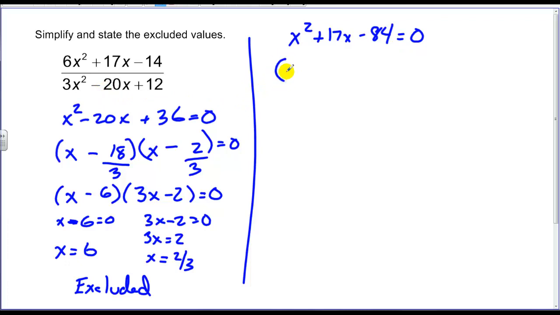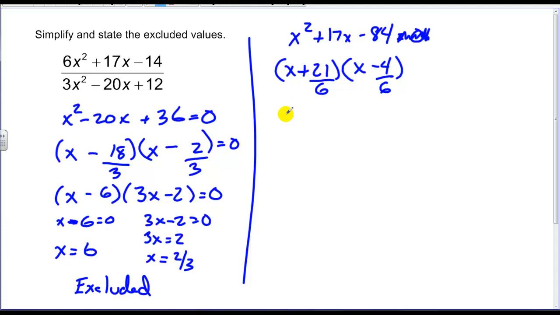So I've got x plus 21, x minus 4, that doesn't need to be equal to 0. I divide each of those by 6 because we're doing that 5-step method.